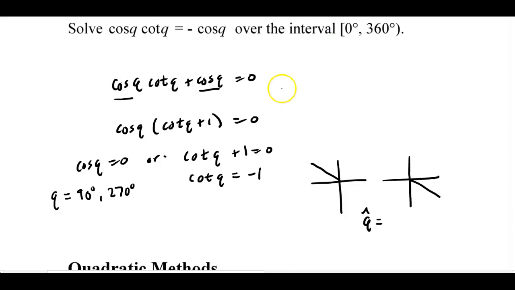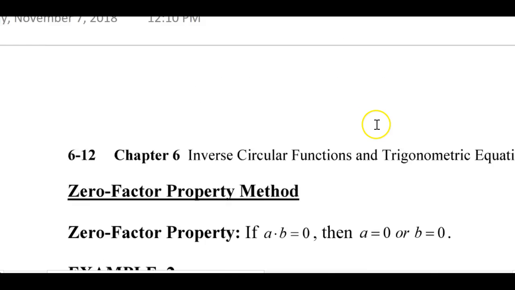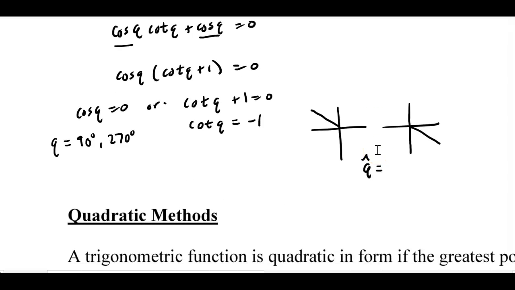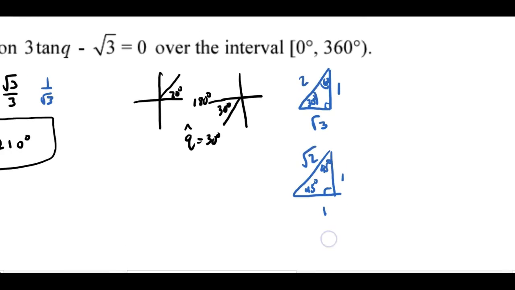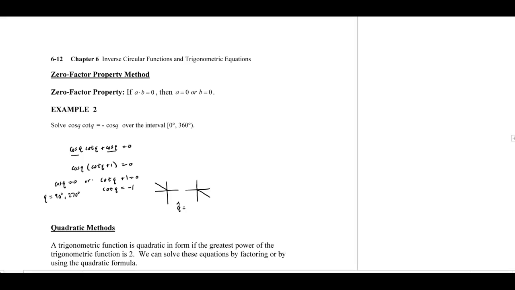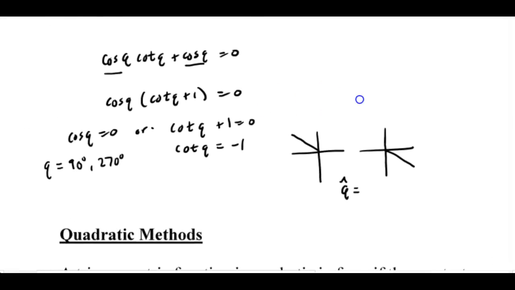Well, if we go back up here to our special triangle in the last example, we see that cotangent will be 1 at 45 degrees. So that will be our reference angle. We now place the reference angle in the appropriate place, and then we solve for those measures.